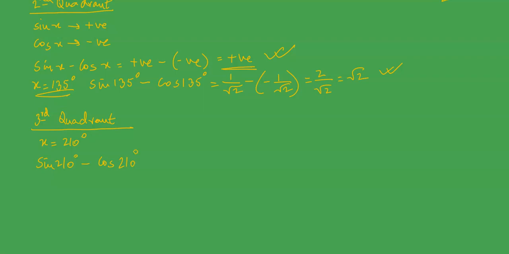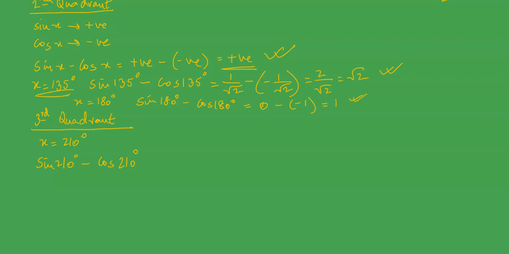Okay, before that, let me take one more value. x equals 180 degrees, just to show you. This will also be a positive number, because sin 180 degrees minus cos 180 degrees: sin 180 degrees is 0 and minus cos 180 degrees is minus 1... so it is equal to plus 1, which is again a positive number.